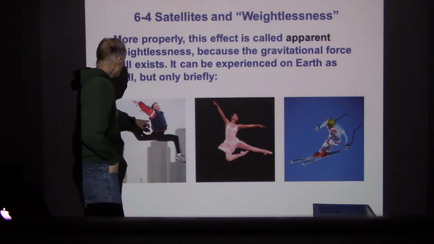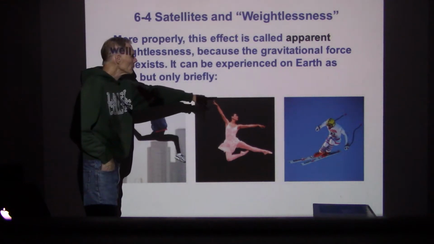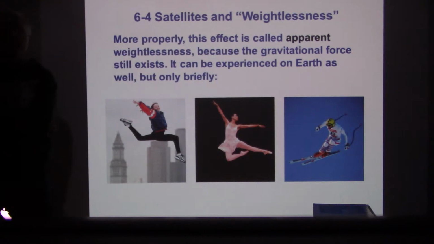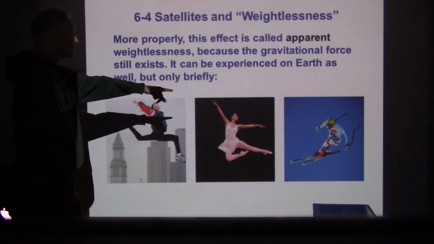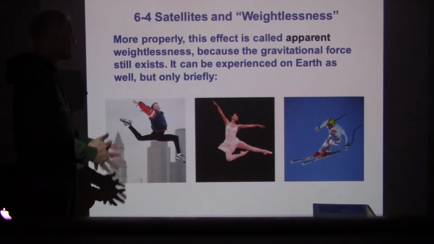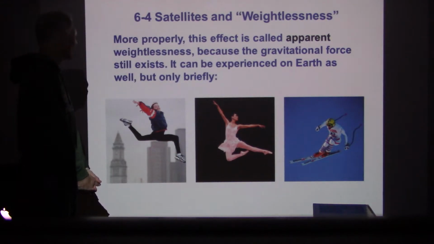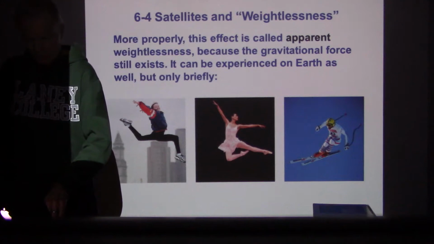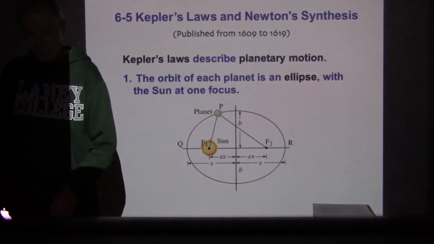People that are jumping through the air are in free fall, and for them it feels as if there are no forces acting on you. But since they're in free fall, gravity will bring all these objects back to Earth, and then they'll realize that they were in free fall during that time.